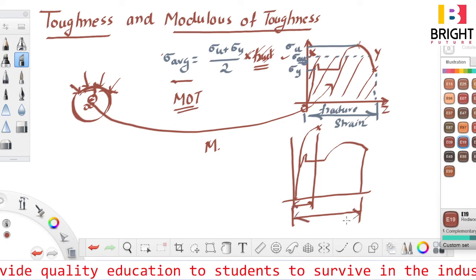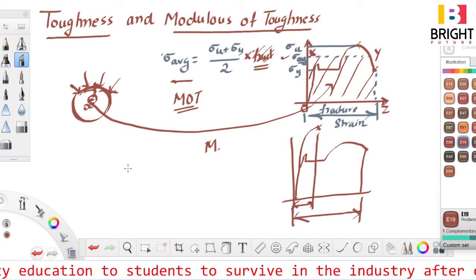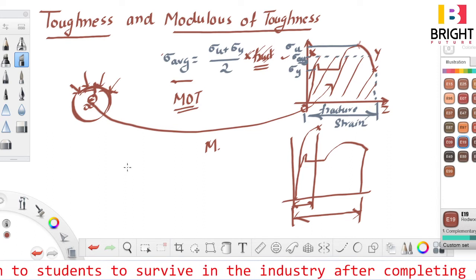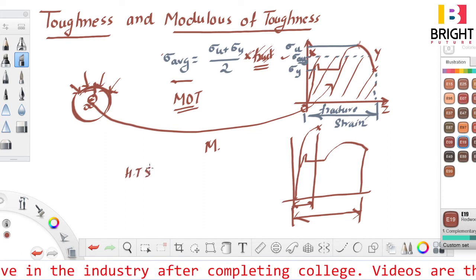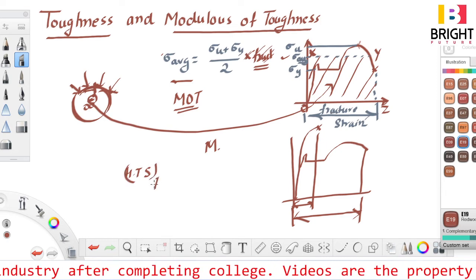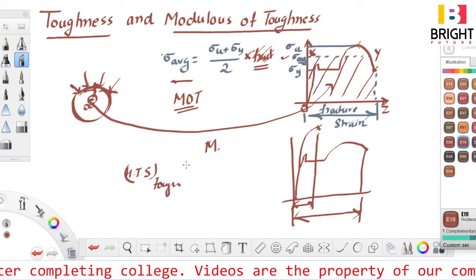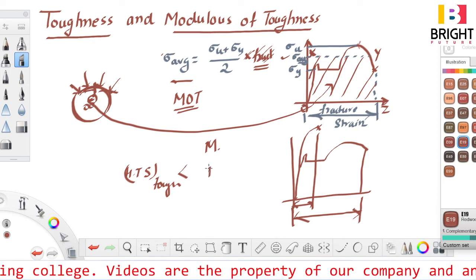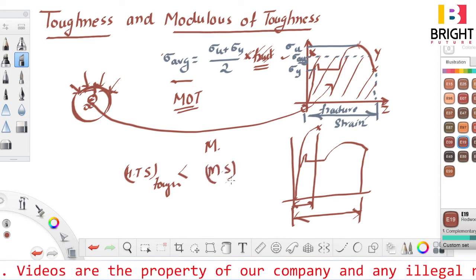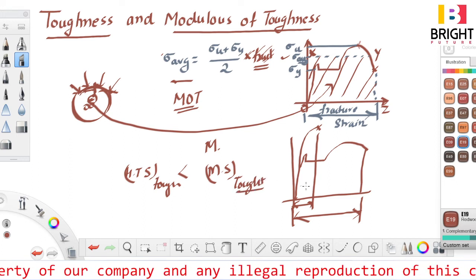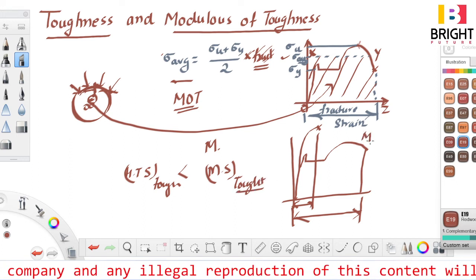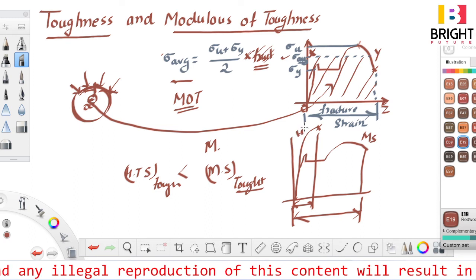So we can conclude that the toughness of high tension steel is less than that of mild steel. It is very clear that fracture strain is more in the case of mild steel and not in the case of high tension steel.